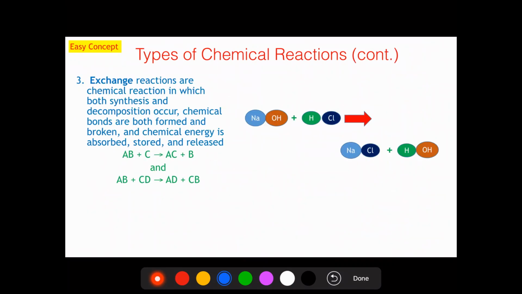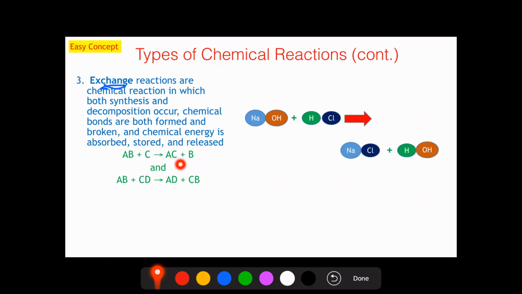Okay, the third type is an exchange chemical reaction. Here what we will have is rearrangement of the reactants. For example, AB here was one reactant, CD was another reactant, then we switched. AB plus CD will result in AD and CB.